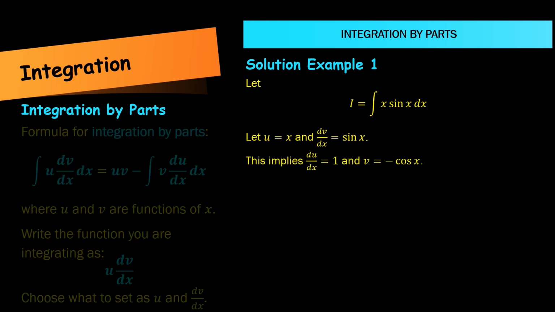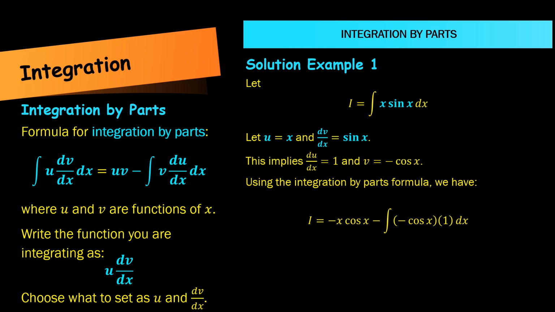So let's differentiate and integrate respectively the two functions. So differentiating u equals x with respect to x, we have du/dx equals 1. And integrating dv/dx with respect to x gives us v equals minus cos x, since of course we're integrating sin x.